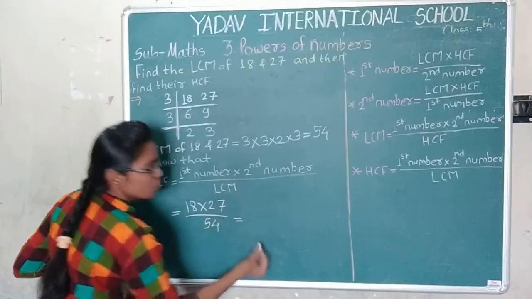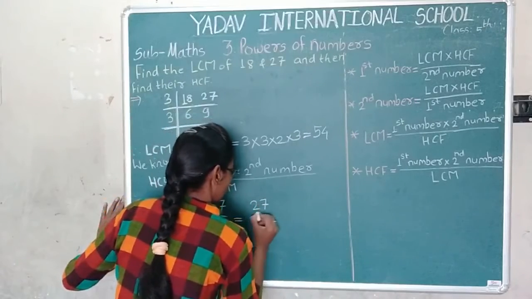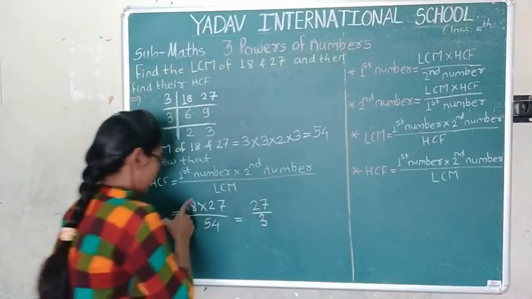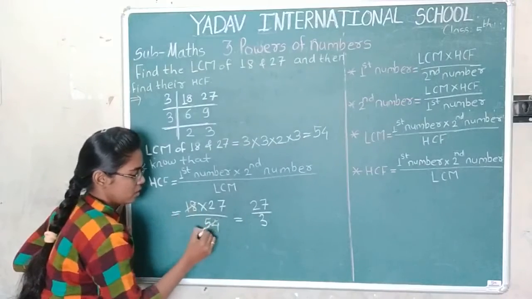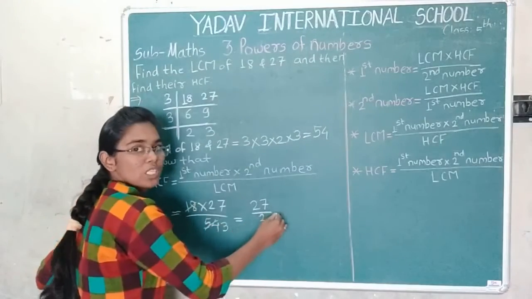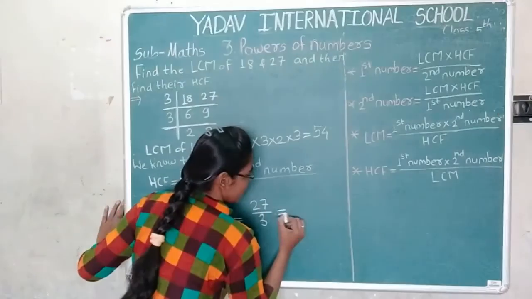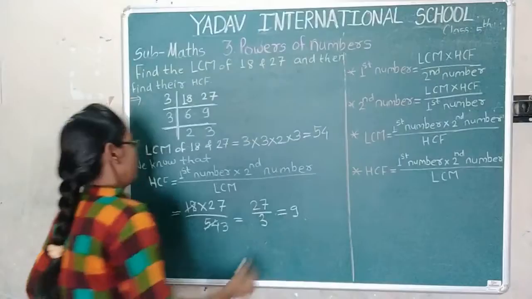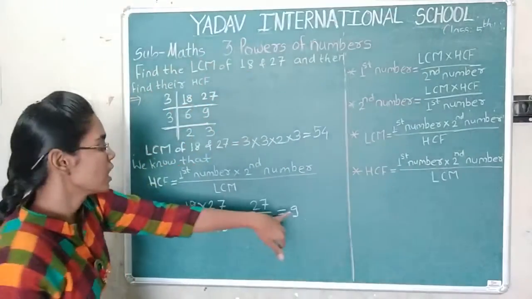We know 18 threes are 54, so it gives us 27 upon 3, and 3 can divide 27 and it gives us 9. So the HCF of 18 and 27 is 9.